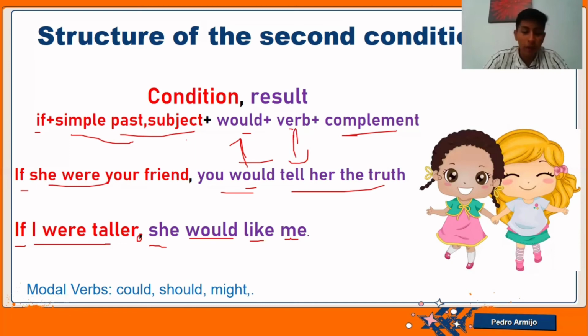This modal will not affect our sentence. For example, if I were taller, she could like me, or if I were taller, she should like me, or if I were taller, she might like me.